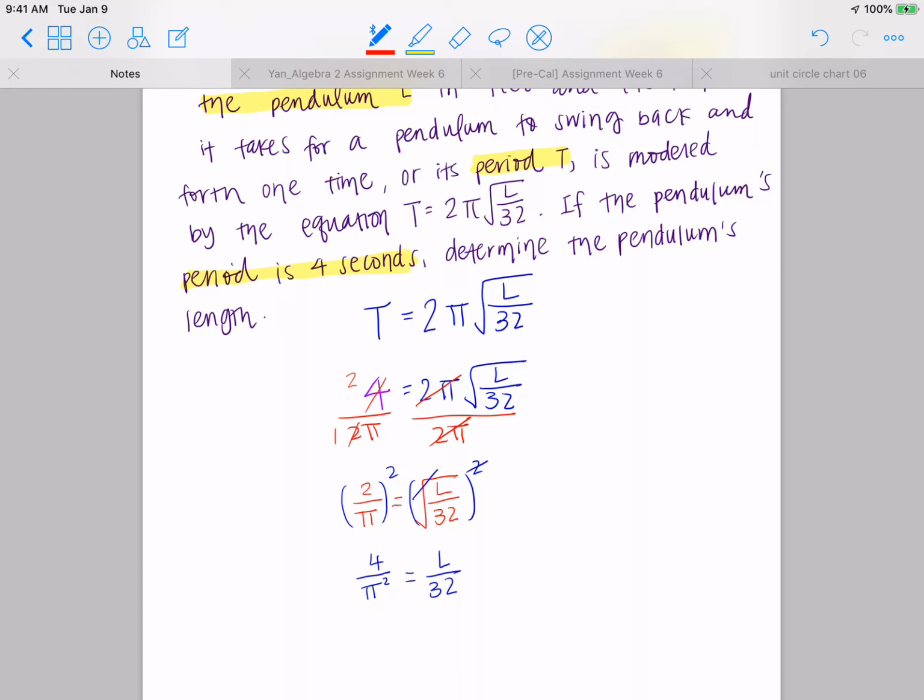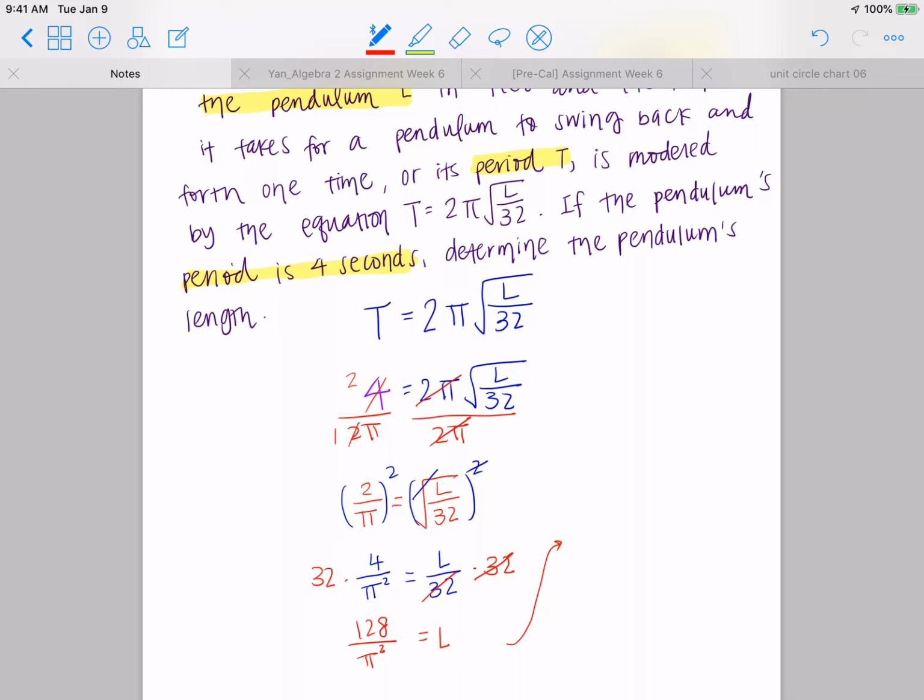L needs to stand by itself, so we're going to multiply both sides by 32. So this side goes away. I have L equals 32 times 4 over pi squared. 32 times 4 is 128 over pi squared. So I'm going to have you use a calculator and solve for that. Anytime you reach your final answer for these word problems, you will try to use your calculator, unless it's already in square root form.